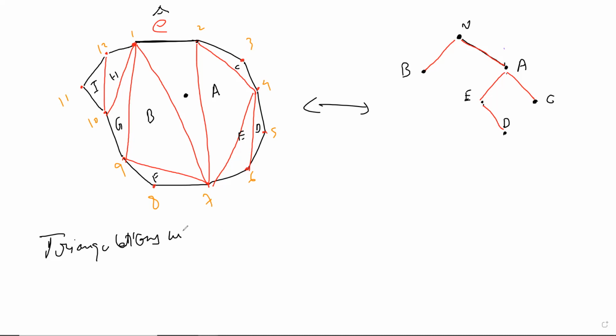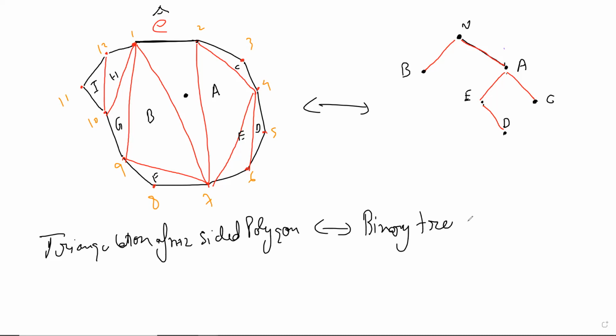So triangulations of an n plus 2 sided polygon will correspond to a binary tree, not complete, with n vertices, not leaves, n total vertices. Okay, this we have proved.